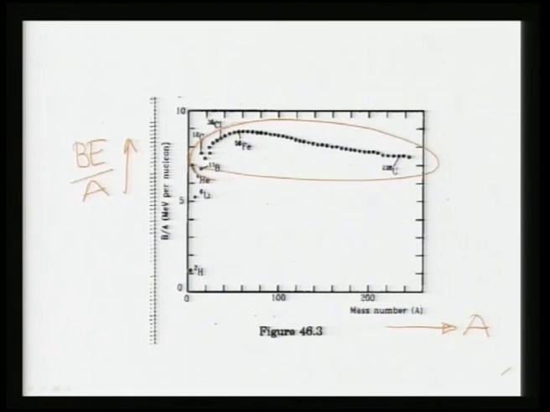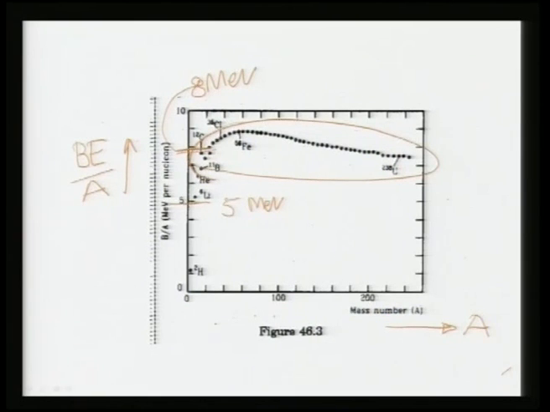You have the deuteron here, lithium, helium, and boron, so 1, 2, 3, 4, 5, and all the rest are here. This point is 5 MeV, and this point is 10, so 6, 7, 8, this point is 8 MeV.